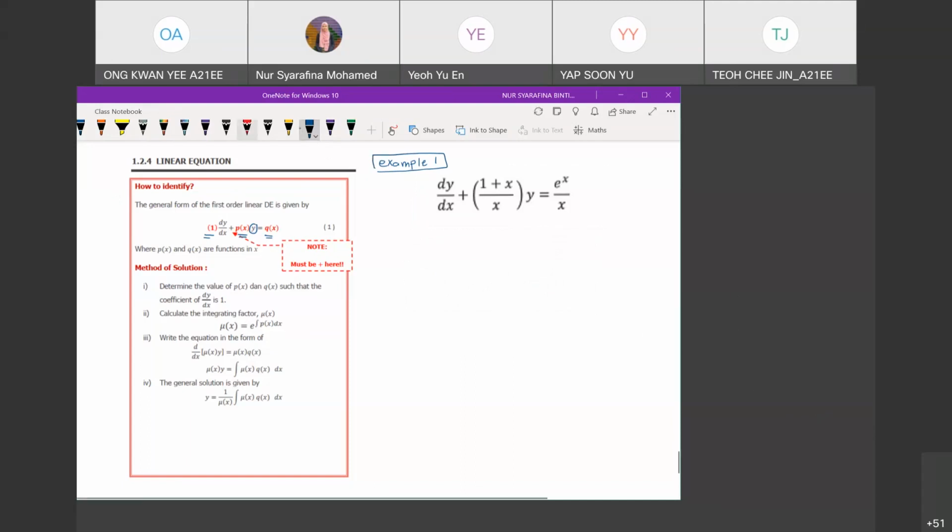Okay, we have the coefficient of dy/dx here as 1, a function of x together with y, and a function of x here. So this is the coefficient, and comparing to the general form, this is a function of p, and this is a function of q.